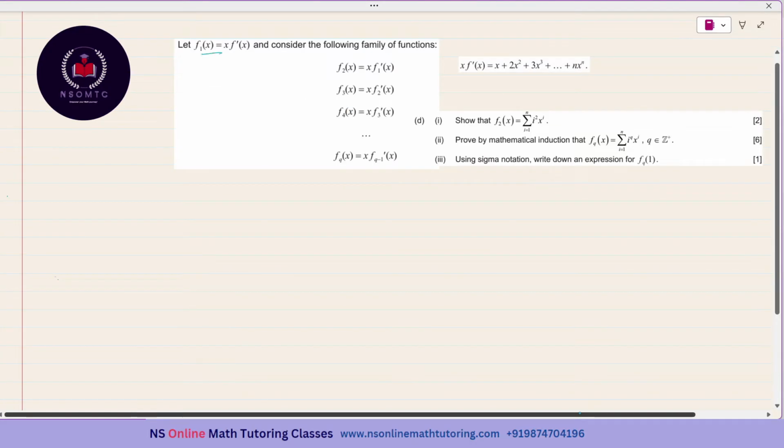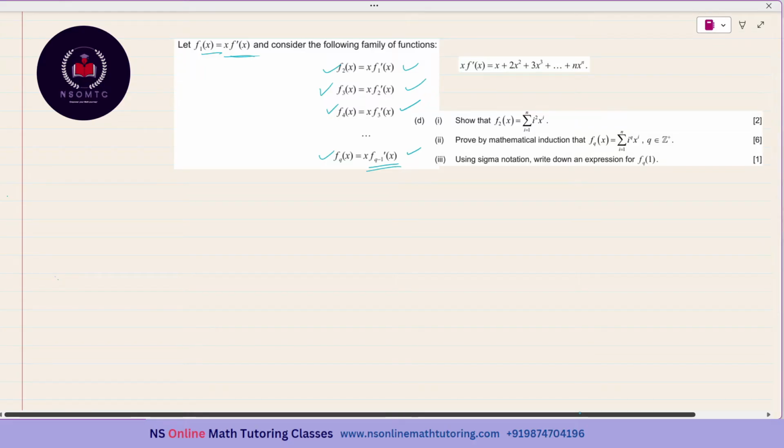Let f1 of x be equal to x times f dash of x, that means the first derivative of f of x, and consider the following family of functions: f2 of x equal to x times f1 dash of x, f3 of x equal to x times f2 dash of x, f4 of x equal to x times f3 dash of x, and dot dot dot, fq of x equal to x times fq minus 1 dash of x, that means the derivative of fq minus 1 of x times x.